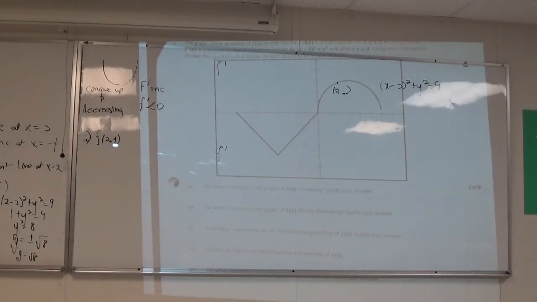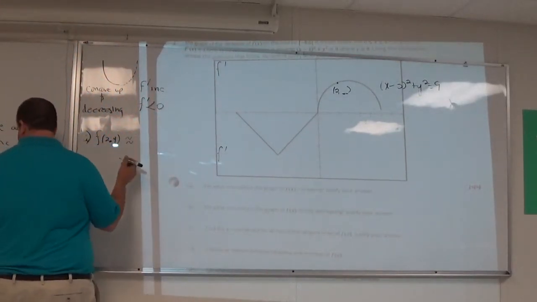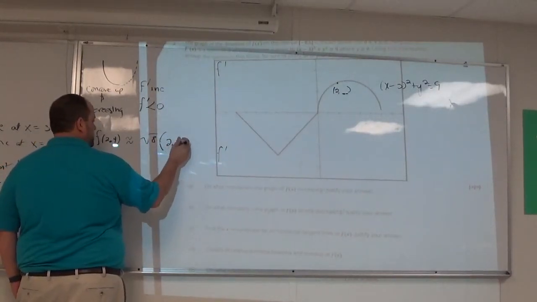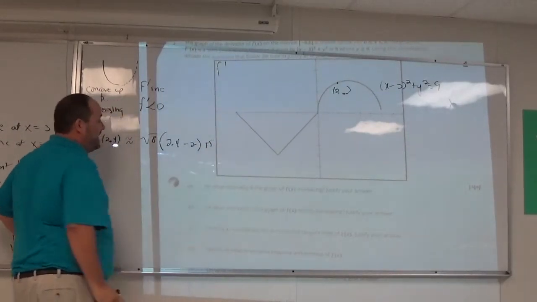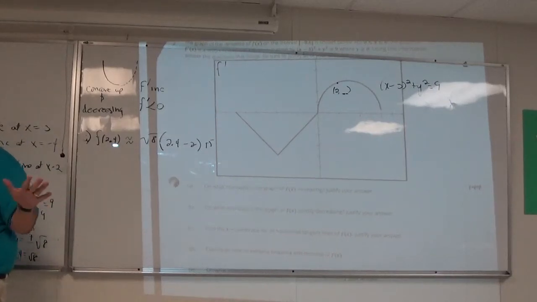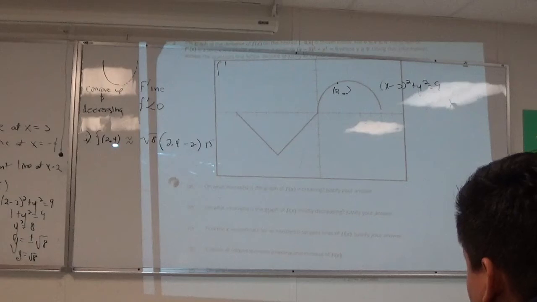Get the equation of the tangent line. What do we know about f of 2.4? It is going to be approximately what I get when I use square root of 8 times (2.4 minus 2) plus 5. I don't care what that number is, it's just an estimate. Whatever that number comes out to be, that's going to be your best guess.